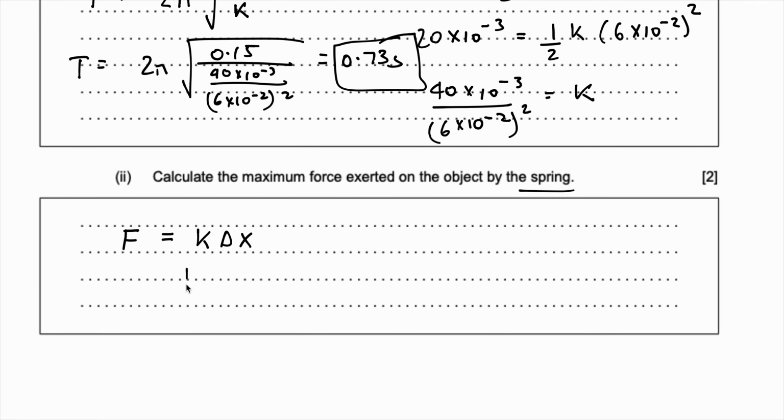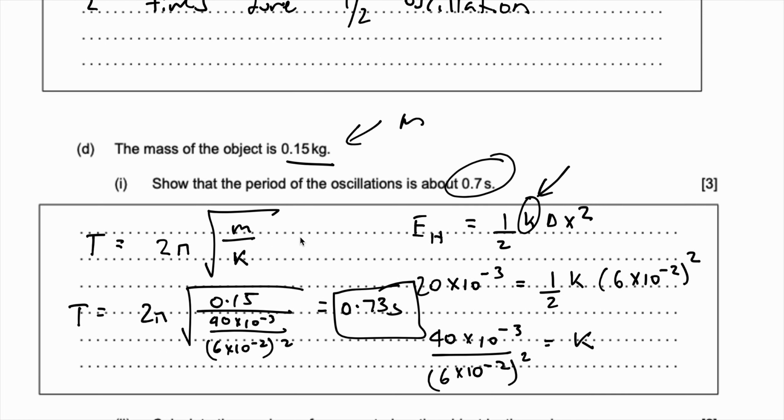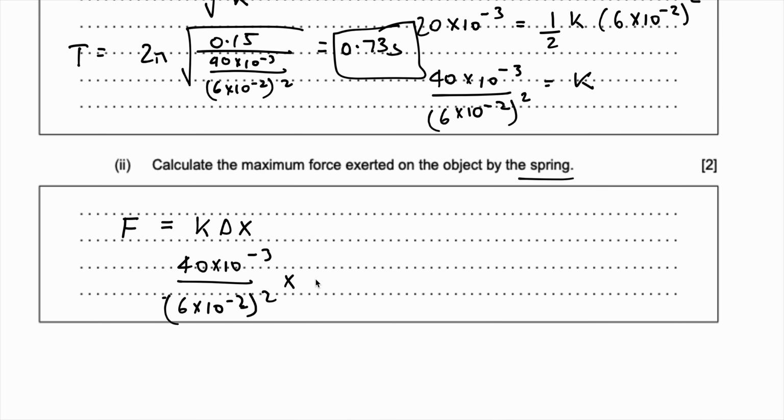So we can say 40 times 10 to the power of negative 3 over 6 times 10 to the power of negative 2, the whole squared, times the amplitude, the delta x. And delta x is 6 centimeters, so that's 0.06 meters.